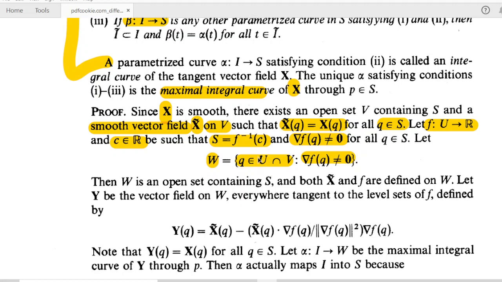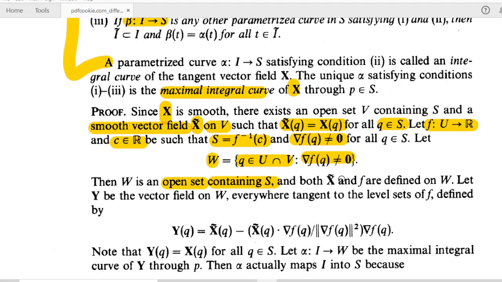U is the open set, the domain of F, and V is the domain of X tilde. U and V are both open, and a finite intersection of open sets is open. So W is an open set containing S.